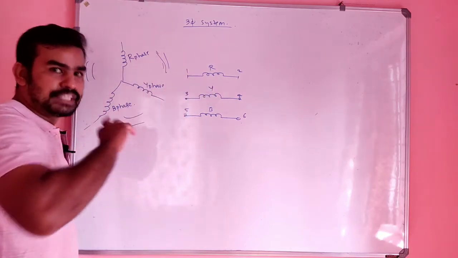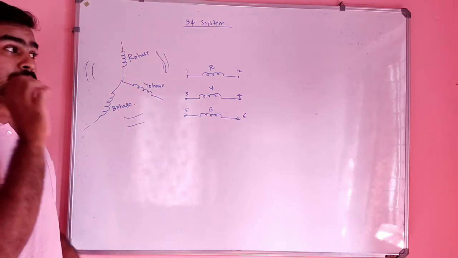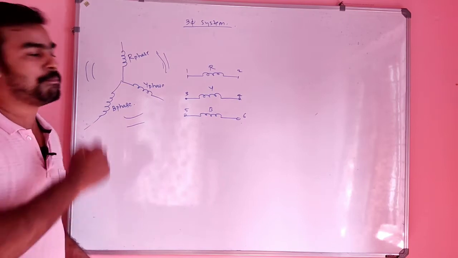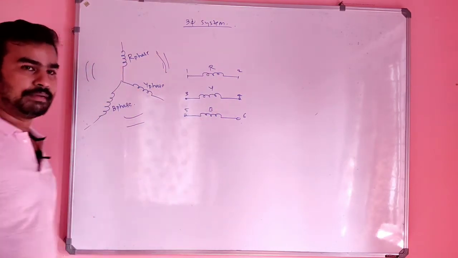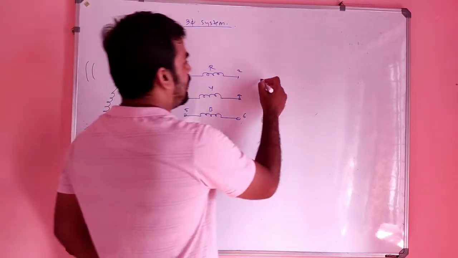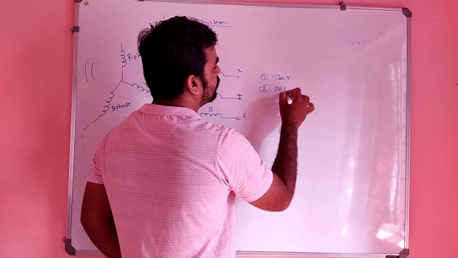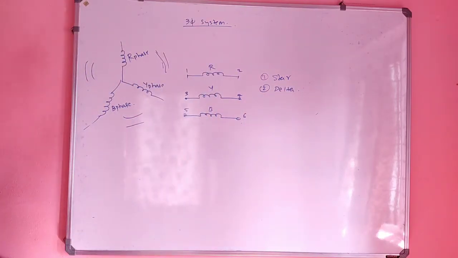We can connect these 6 terminals in different manners, and the manner is of 2 types. First one is star and second one is delta.